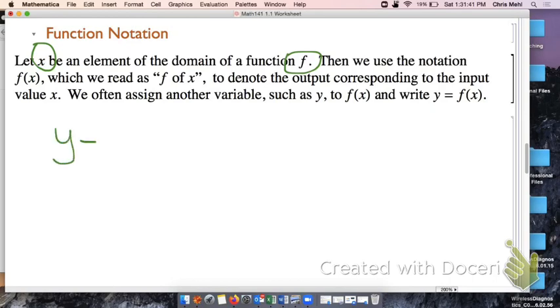So when you write this, y equals f of x, and actually let me do one thing. That was the name of the function right there. So y equals f of, and I'm going to use blue for x here.